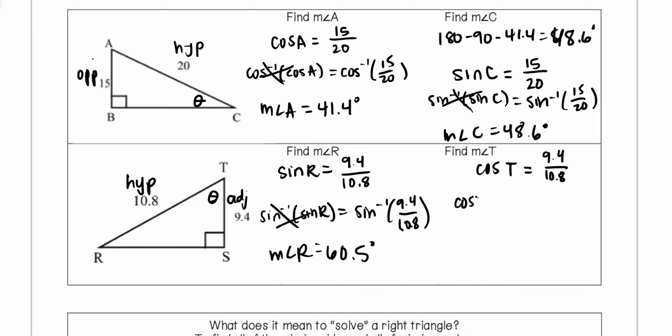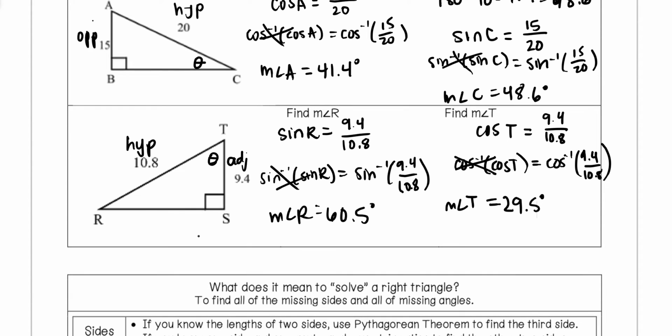We'll take the inverse cosine function of each side. So the cosine inverse of 9.4 over 10.8 will get us our value for the measure of angle t, since inverse cosine and cosine cancel each other out, so we're left with 29.5 degrees. You could take 60.5, 29.5 plus 90, and it should all add up to 180 to check your work.